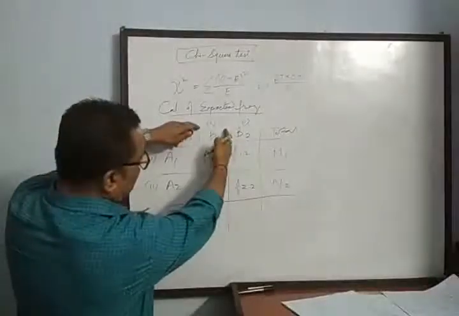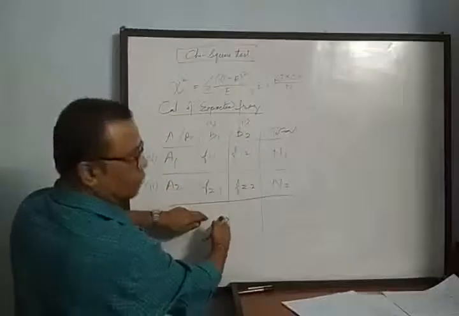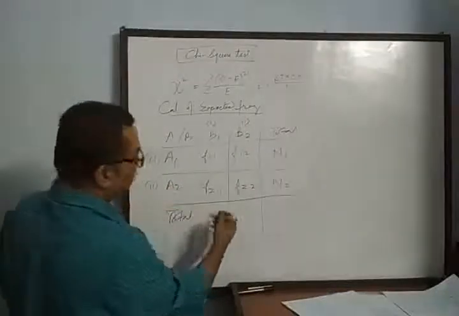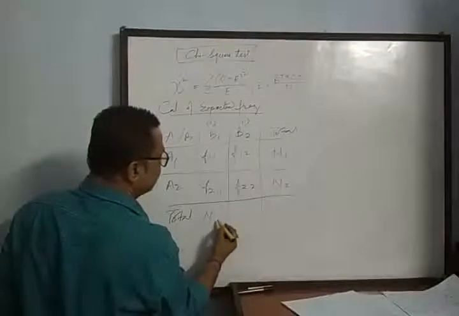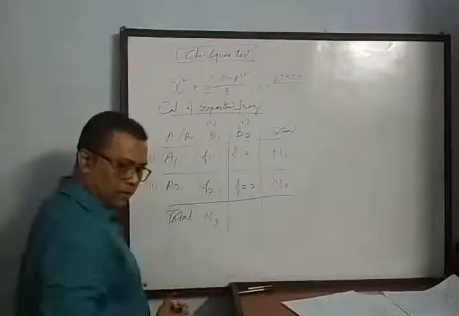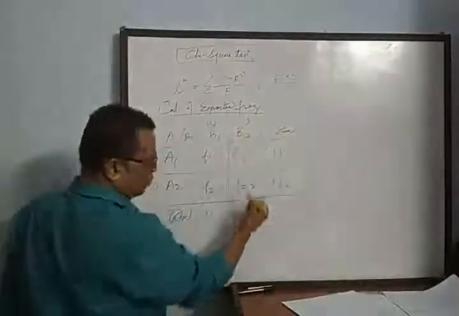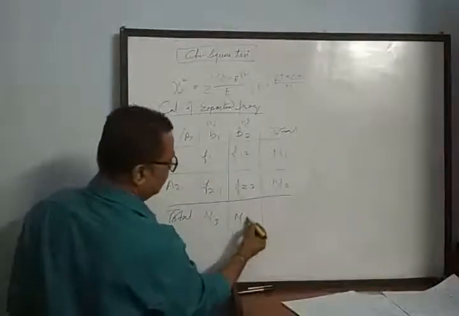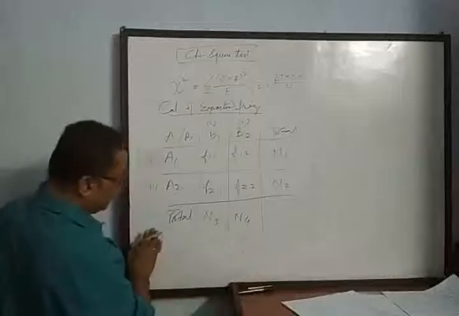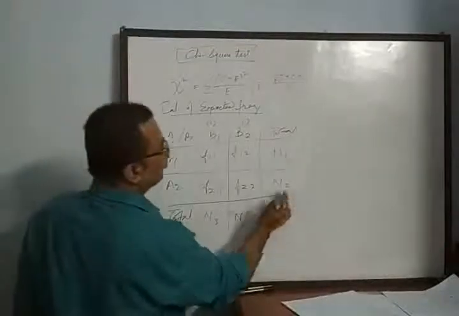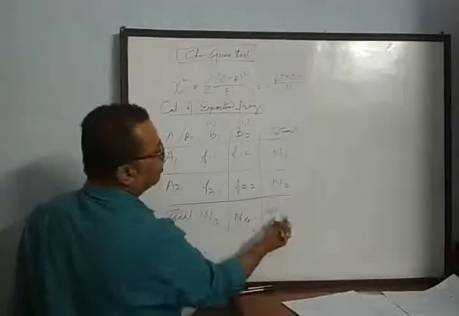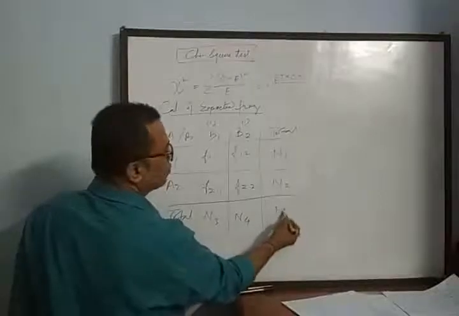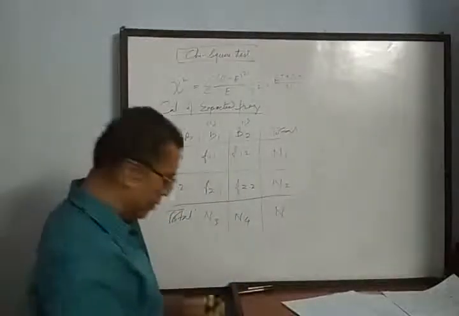Now here the total of the first column we will consider as N3 and the total of the second column we will consider as N4, and the total of this row and this column will be denoted as only capital N.